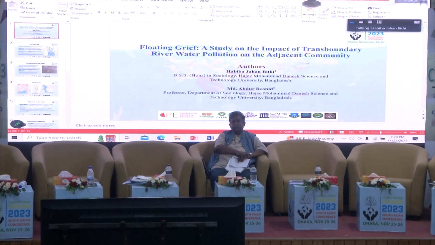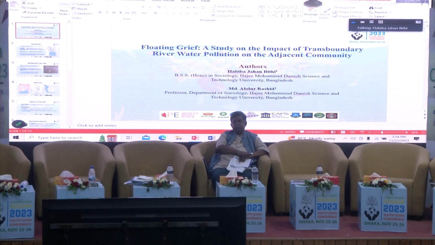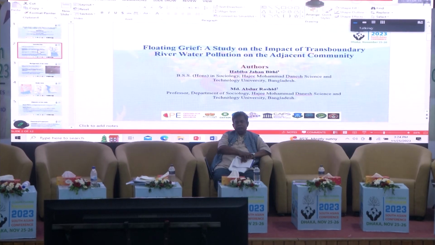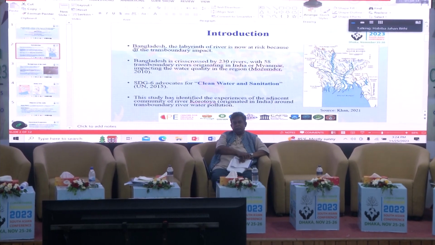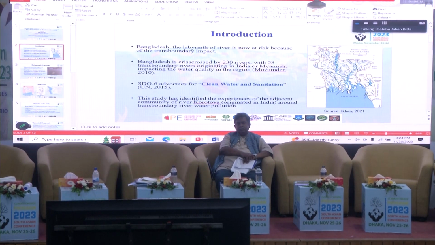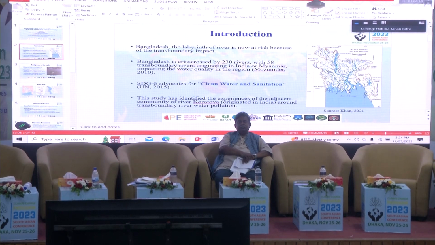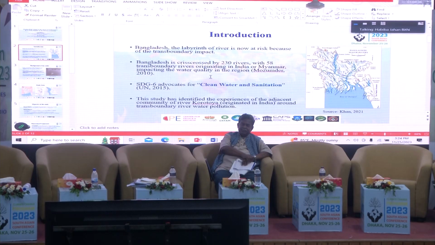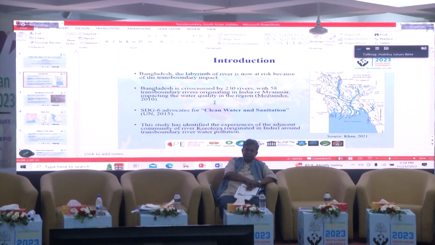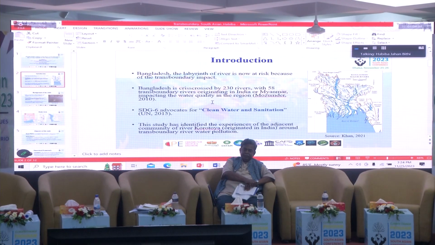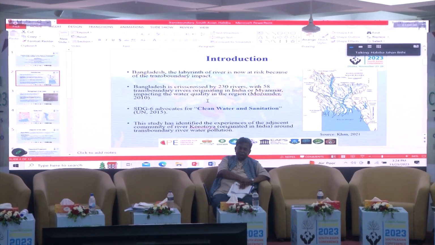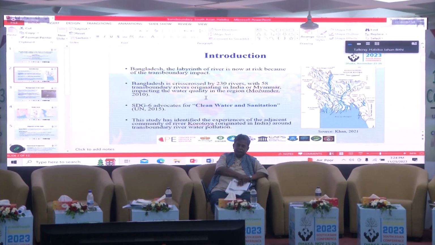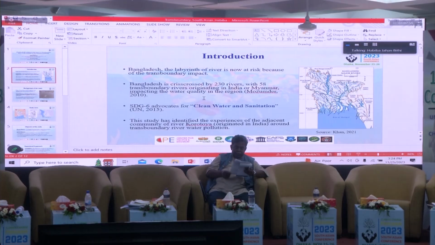Now let's delve into the heart of this issue. Here you can see the map of Bangladesh, a country crisscrossed by 230 rivers, among them 58 are transboundary rivers. Transboundary rivers means those rivers which transit across the borders of different countries.